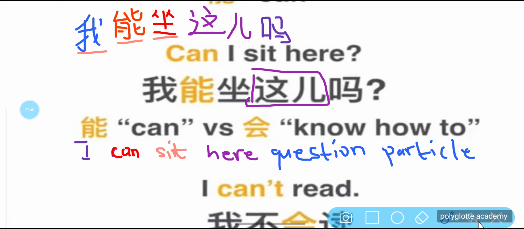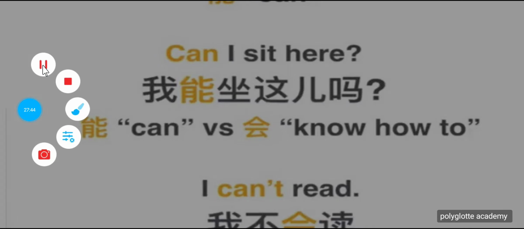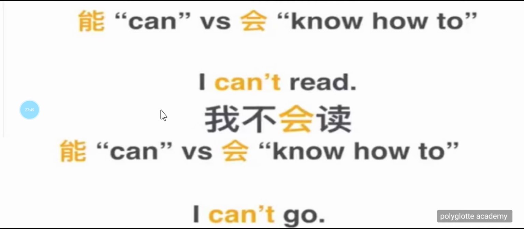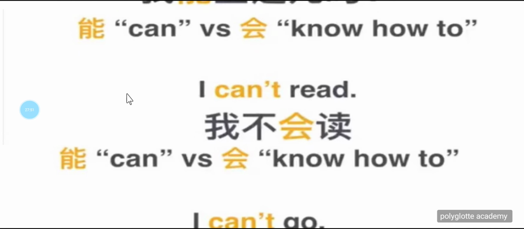很好，继续。So let's move on to the next thing. In the next sentence, we are going to be comparing 能, which is can, versus 会, which is know how to.